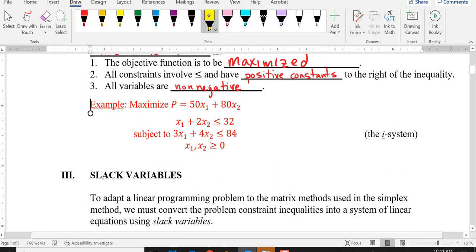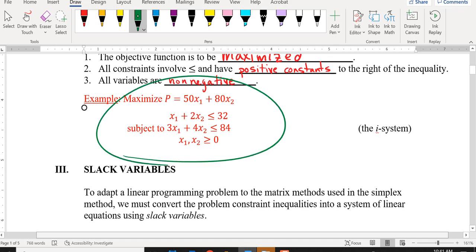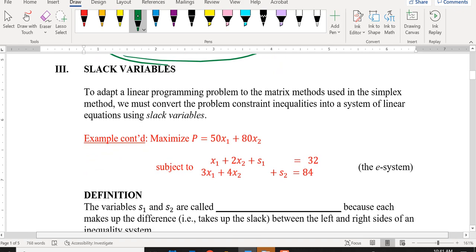If you'll notice, this involves inequalities, right? It's called the I system, indicating inequalities. When we introduce what are called slack variables, we're going to come up with the E system, which stands for equations. So here we go, slack variables.